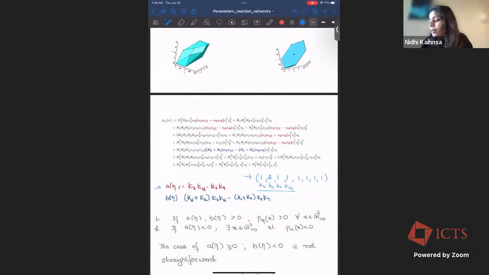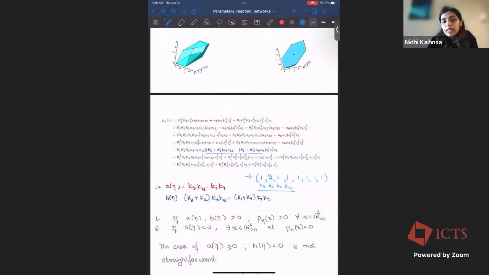But if I had taken this to be, let's say, 1/2, then I need to check whether my B eta is negative, and then I want to do a little bit more work there. Why is it not straightforward in the case where A is positive and B is negative?